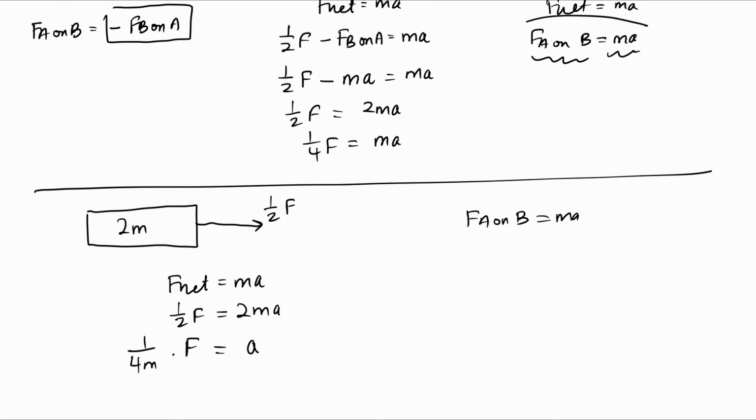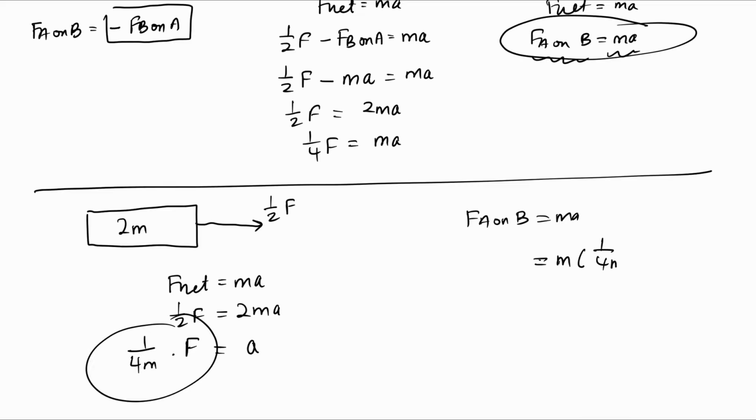And remember, that's from here. But we know that the acceleration from here is going to be a quarter m times F. So the masses will cancel here. That means that the force of A on B is equal to a quarter F.